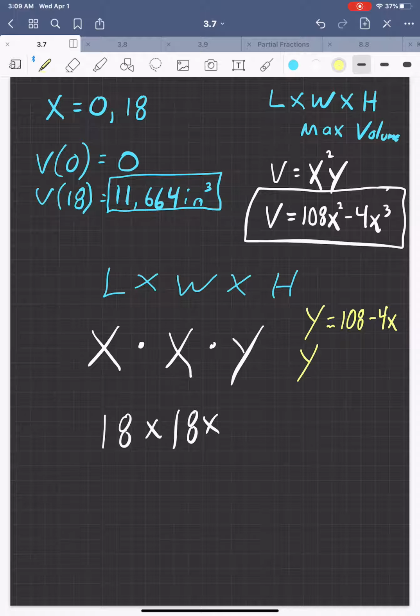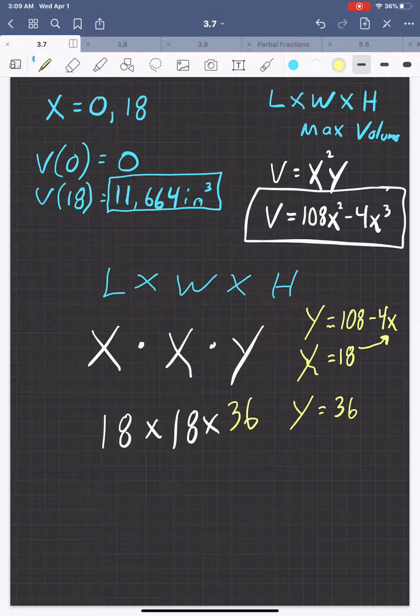If I plug in x equals 18, then y ends up being 36. So an 18 by 18 by 36 box.